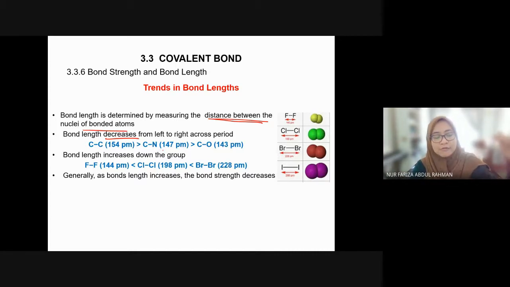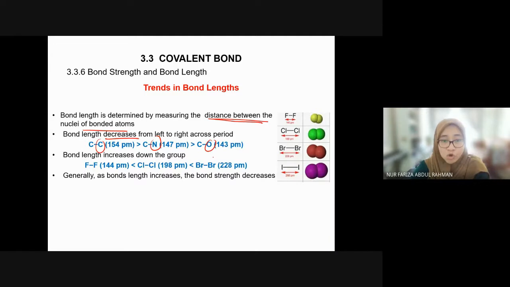So when we go from left to right, the electronegativity increases. The more electronegative, the stronger the attraction. So oxygen is more electronegative than nitrogen, than carbon. So that's why attraction jadi stronger, dia jadi pendek.